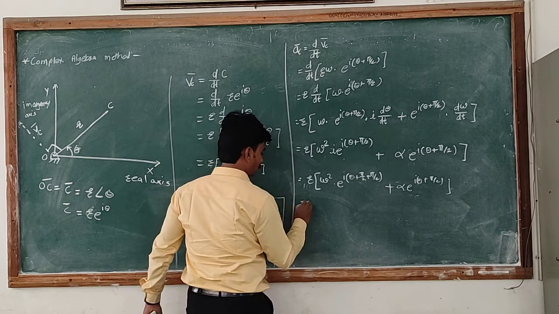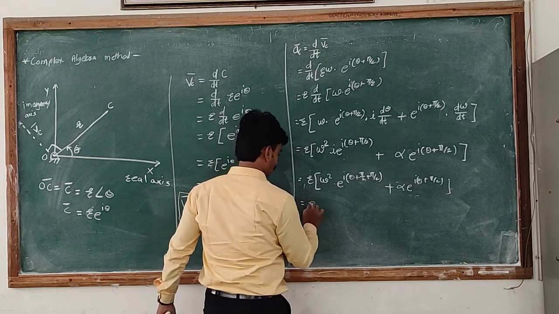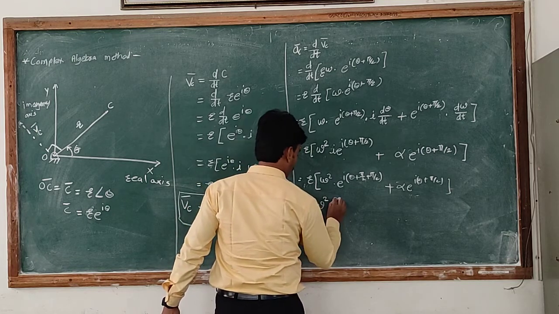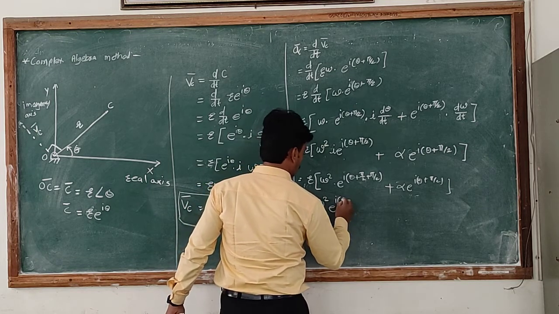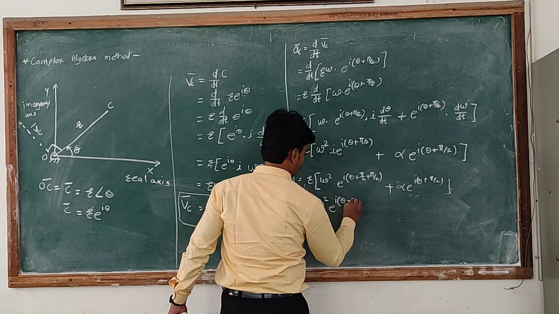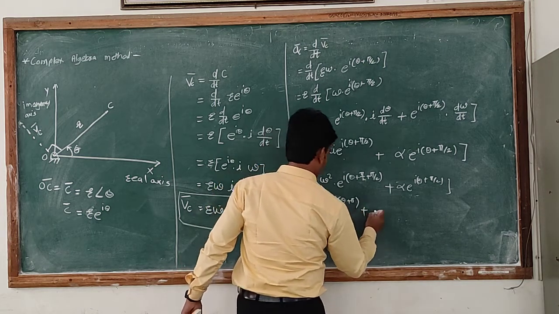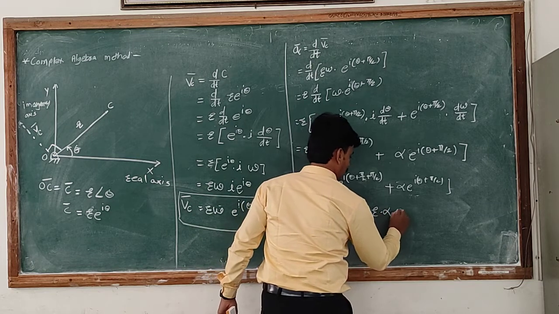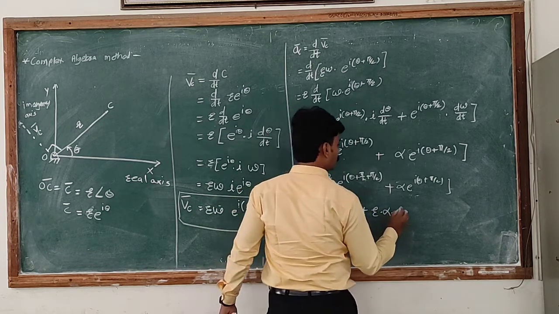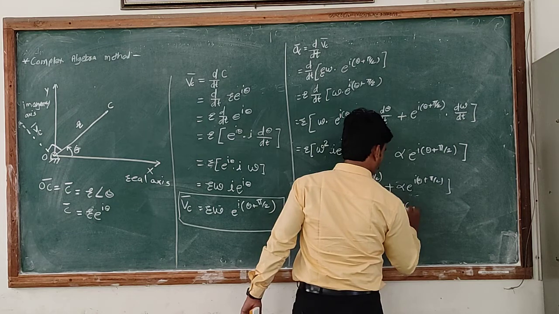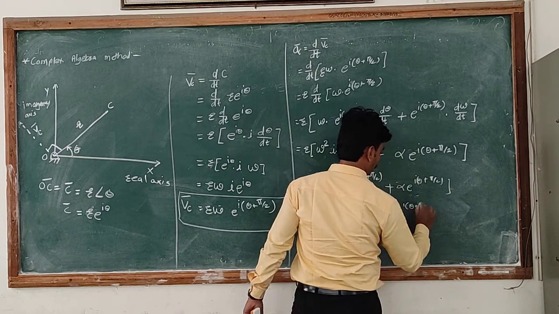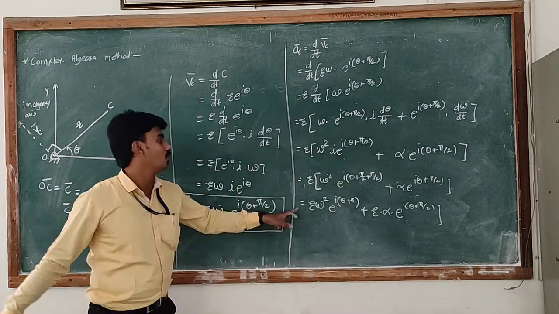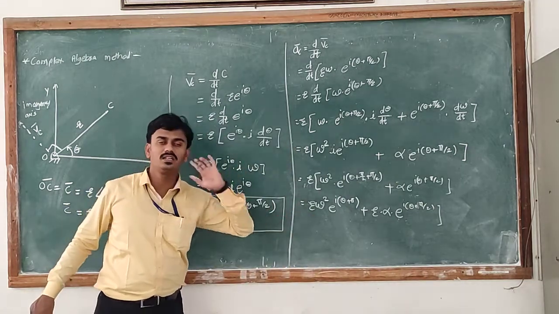So it is equal to r into omega square into e raised to i theta plus pi, plus r into alpha into e raised to i theta plus pi. So this is the acceleration of the link.